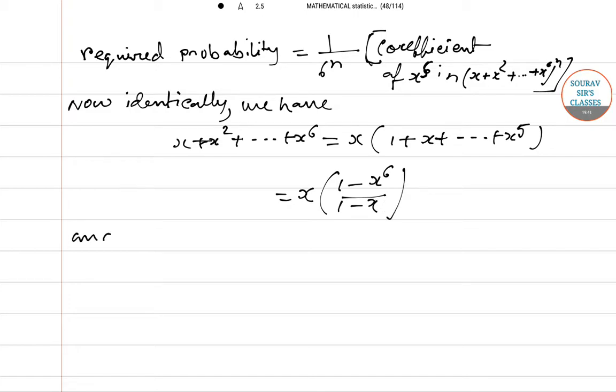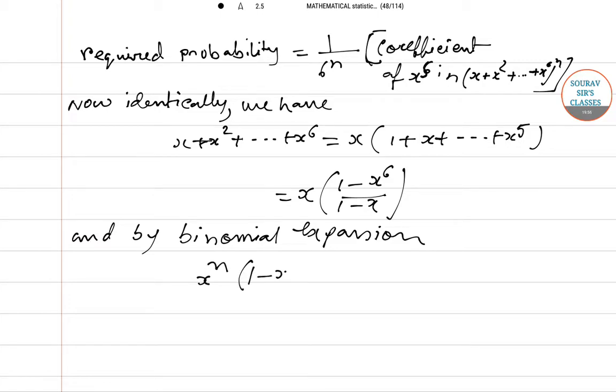Now, by binomial expansion, we can write x to the power n into (1 minus x to the power 6) to the power n equals summation k equals 0 to n of (minus 1) to the power k times nCk times x to the power n plus 6k.